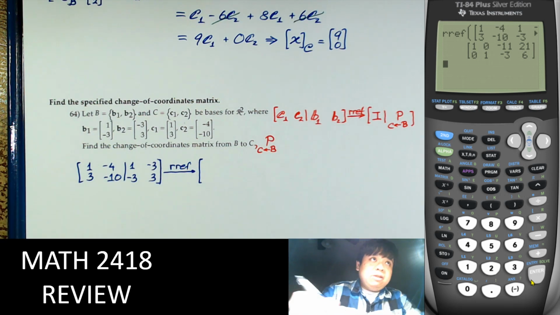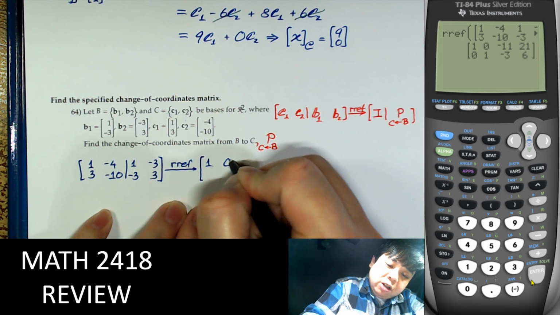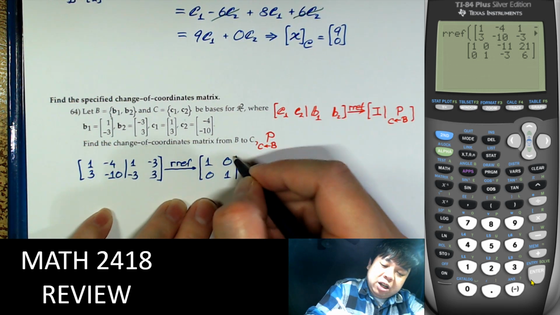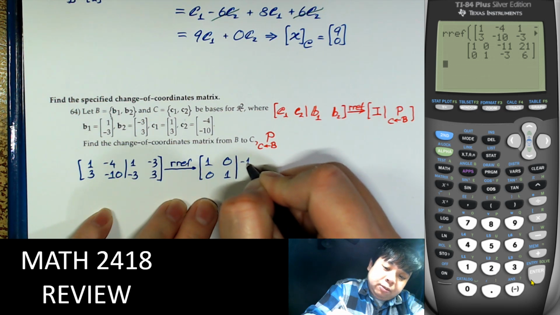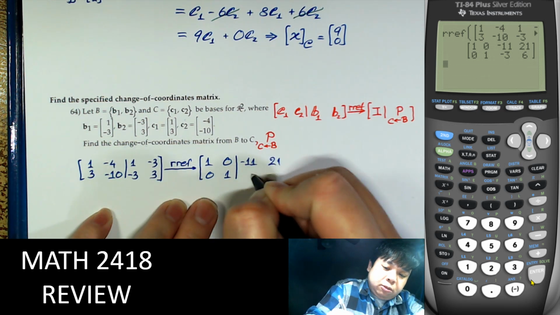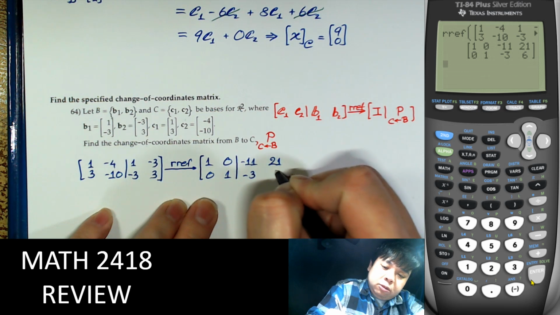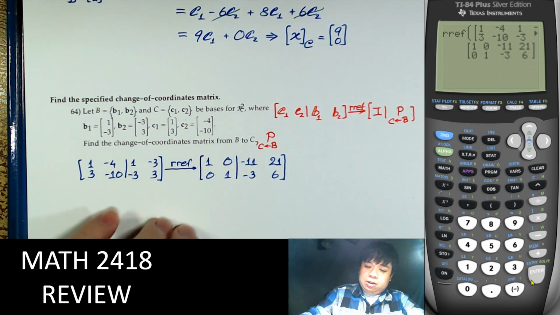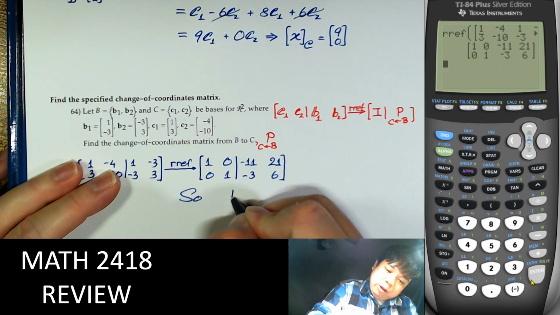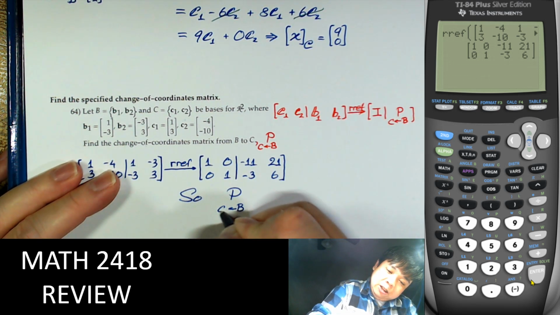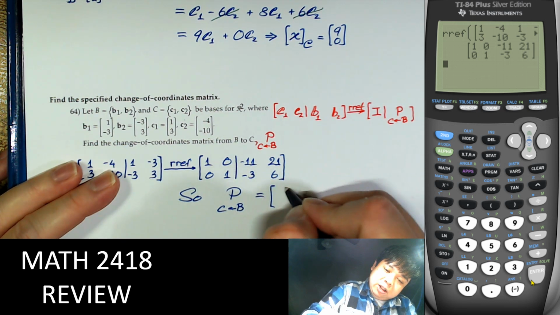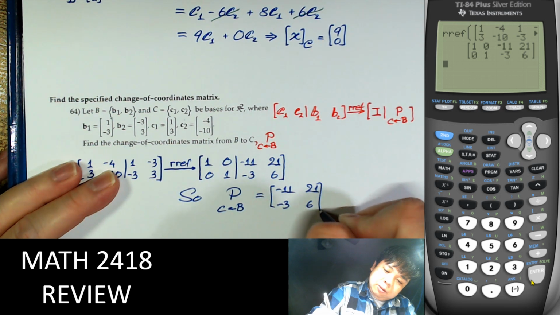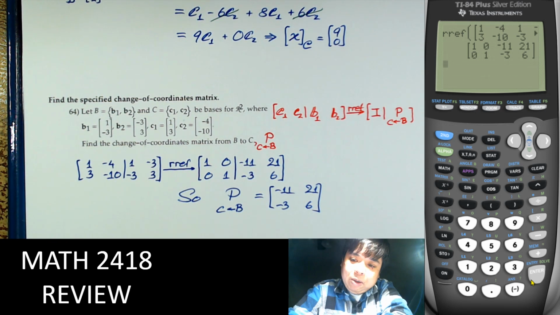So that's what we have. So we should have the identity matrix on the left hand side, and on the right hand side is the matrix that we want. So that's what it is. So the change of coordinate from B to C is given by this matrix. Right, pretty much just that.